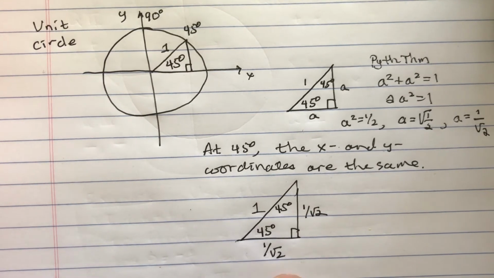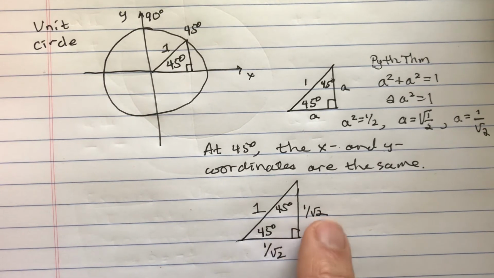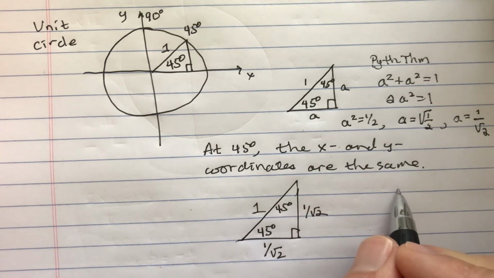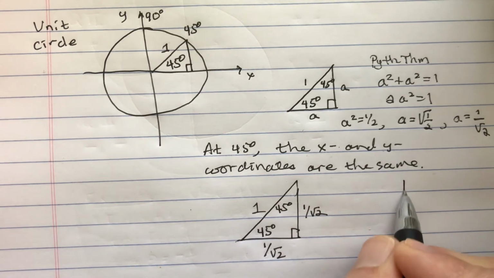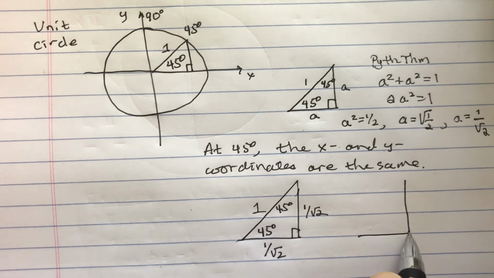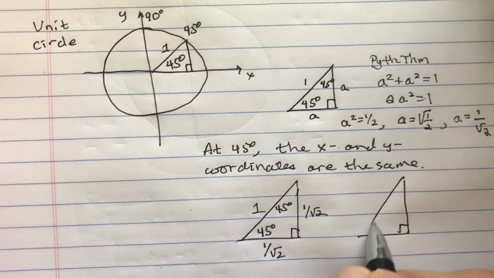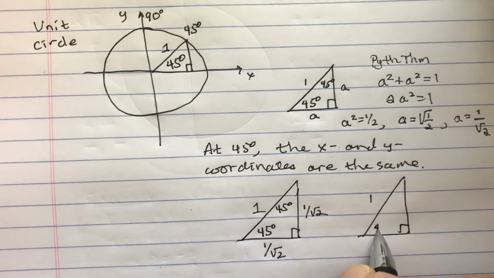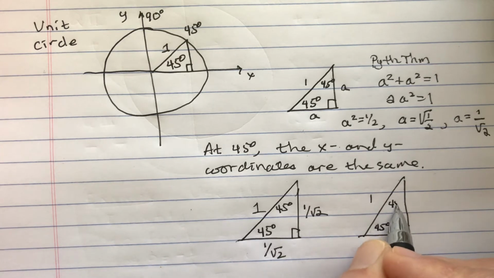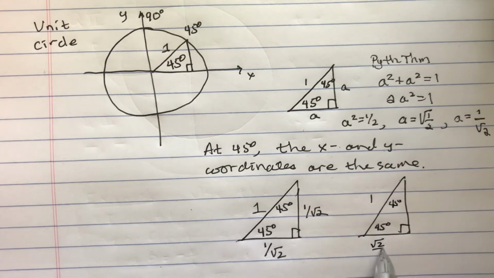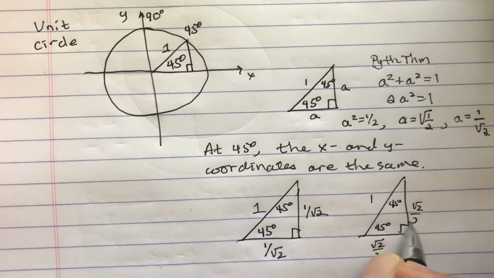Now, some books are okay with writing it this way, but it's also pretty common that people like to rationalize the denominator, and you can do that. And this becomes rad 2 over 2, rad 2 over 2.